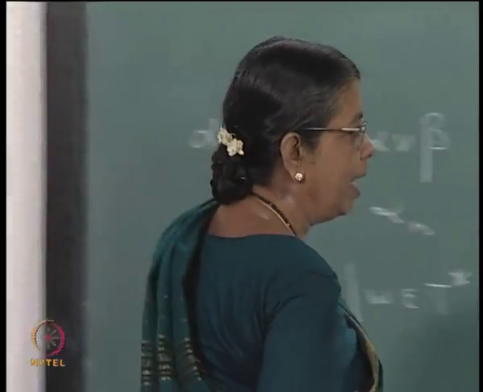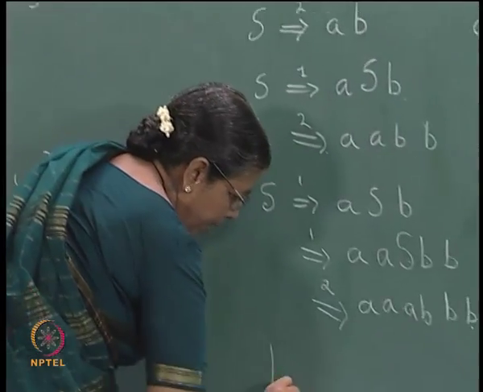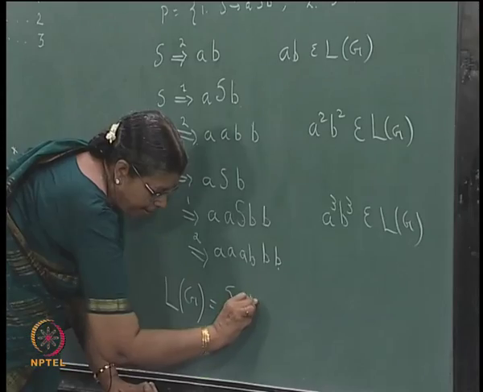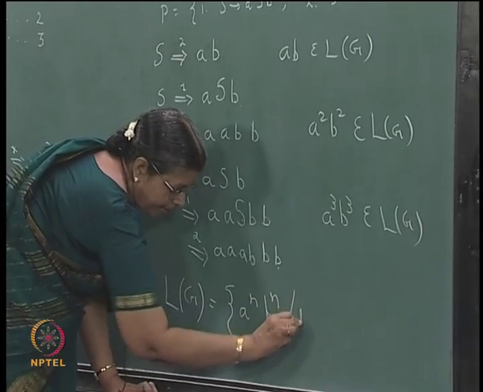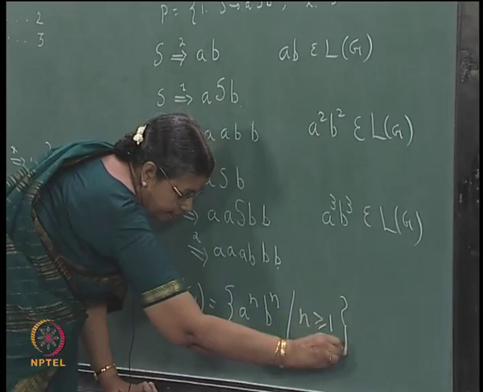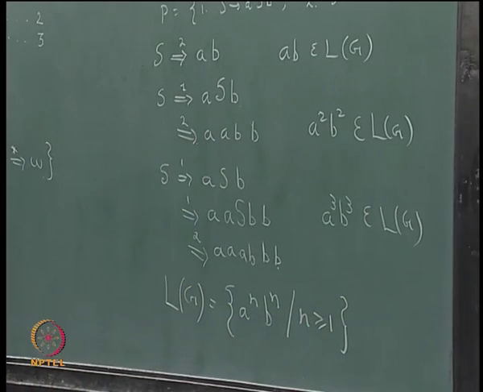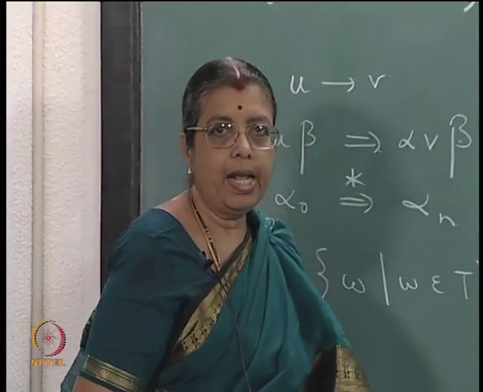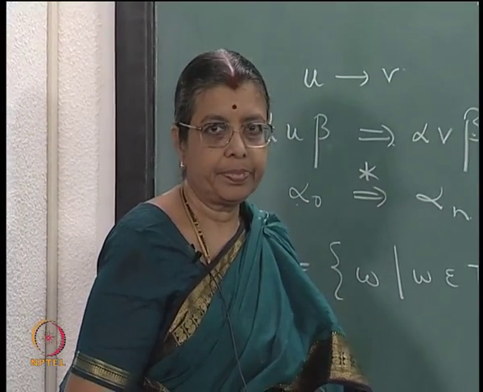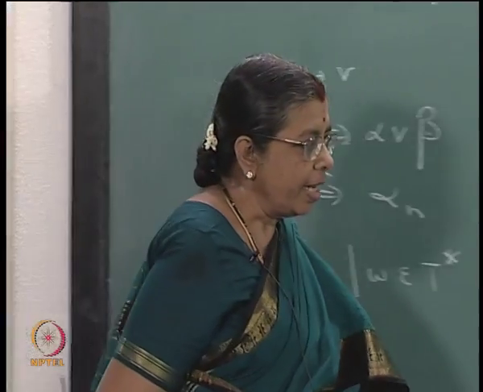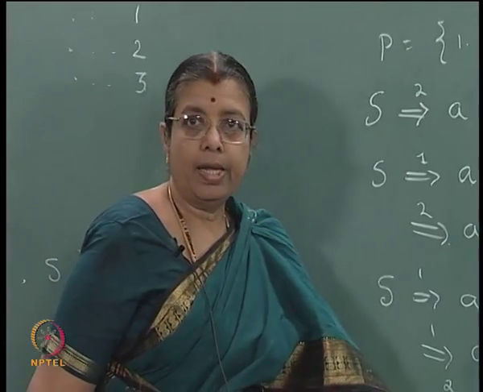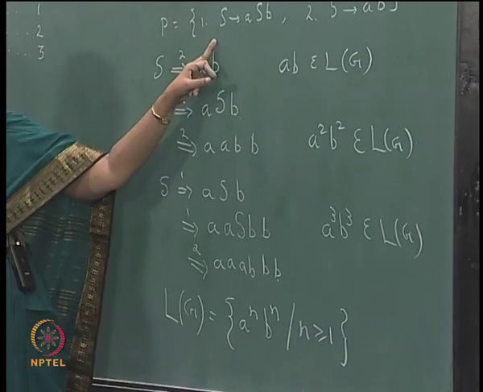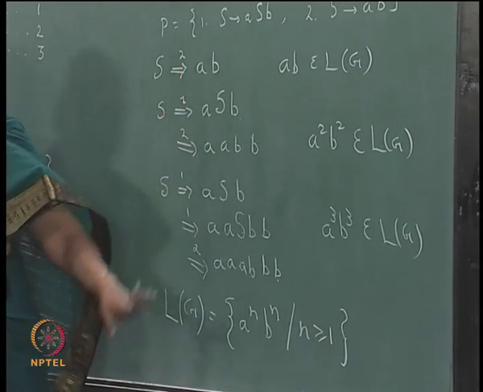So, the language generated consists of strings of the form L of G is A power n B power n, n greater than or equal to 1. Strings with a number of A's followed by an equal number of B's will be generated by this grammar. To generate A power n B power n, you will be applying rule 1 n minus 1 times and rule 2 once.